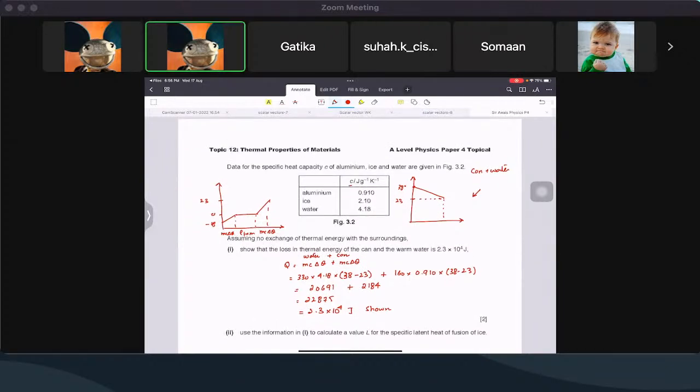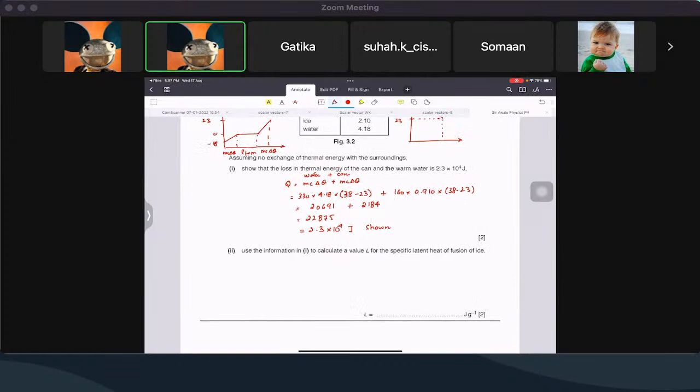Now in the next part it says use the information in part one to calculate the value of the latent heat of fusion of ice. Now what is exactly happening? The same thing: heat gained by ice plus water would be equal to the heat loss of can plus water. We already found this in the previous part, but this one would be mc delta theta plus latent heat of fusion times mass plus mc delta theta.